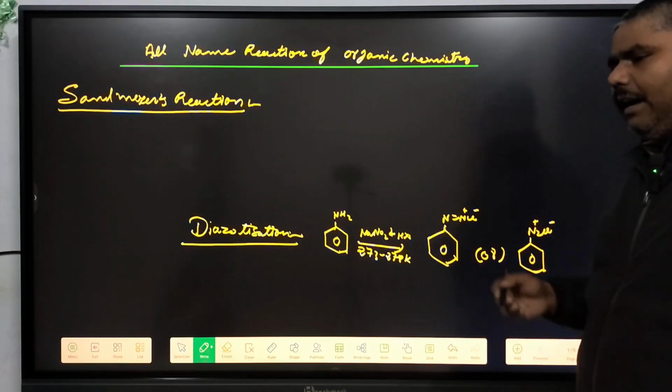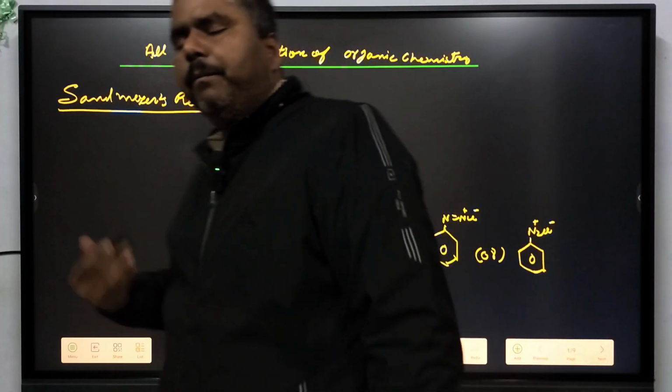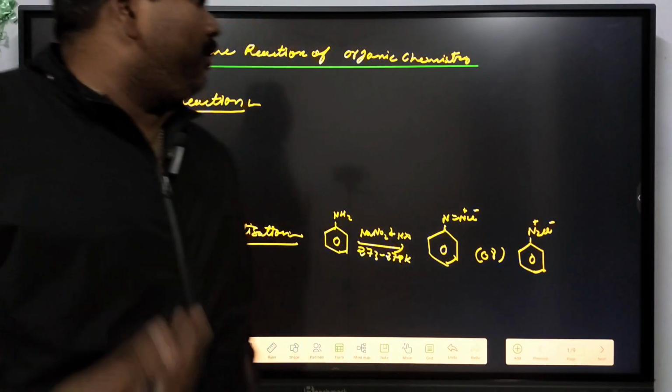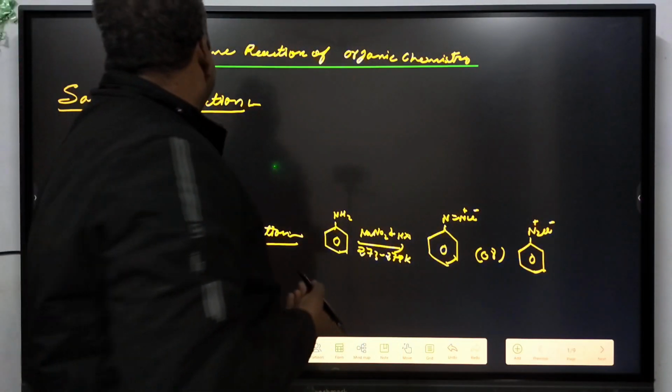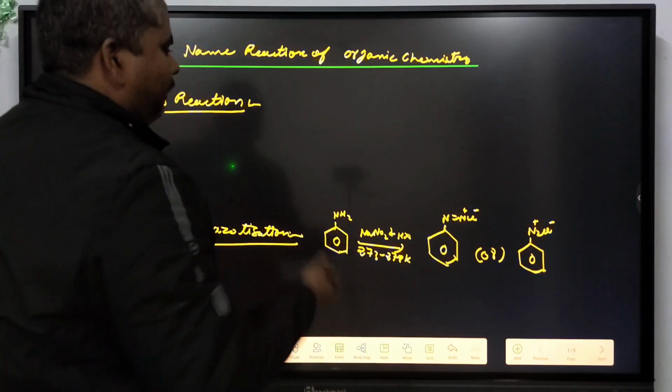give chlorobenzene, bromobenzene, or cyanobenzene. The reaction is known as Sandmeyer reaction.